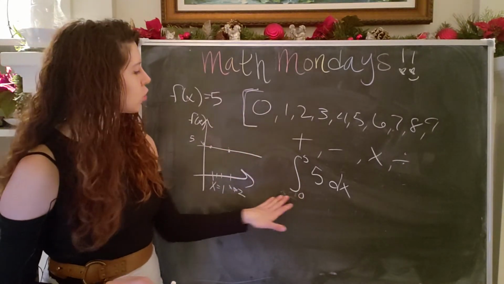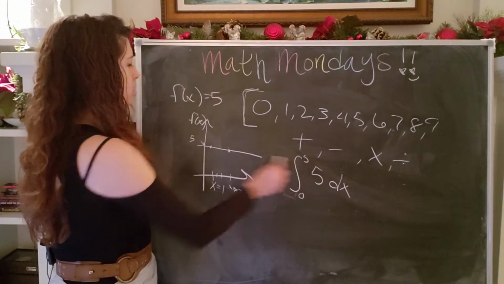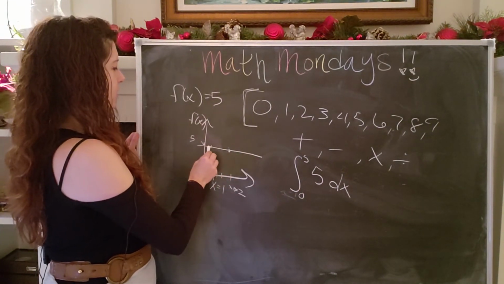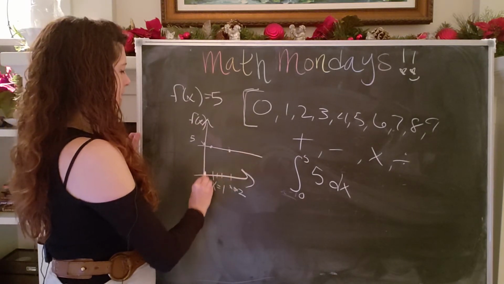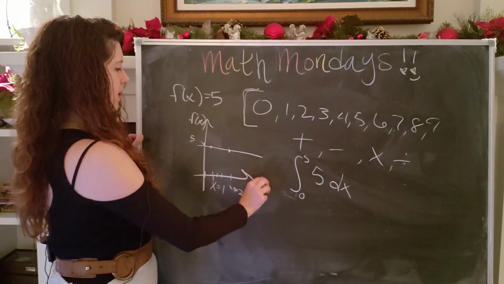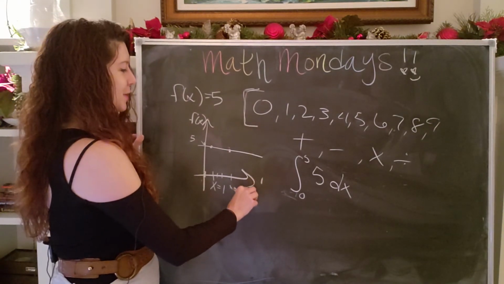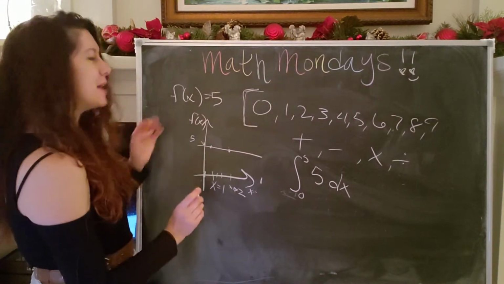And now what our integral is doing is it's saying, okay, I want to add up everything under this function, from x equals 0, which is right here, all the way to x equals 5, which is going to be somewhere out here. So on the horizontal axis, I'm going to label that x because we're going to be good mathematicians.